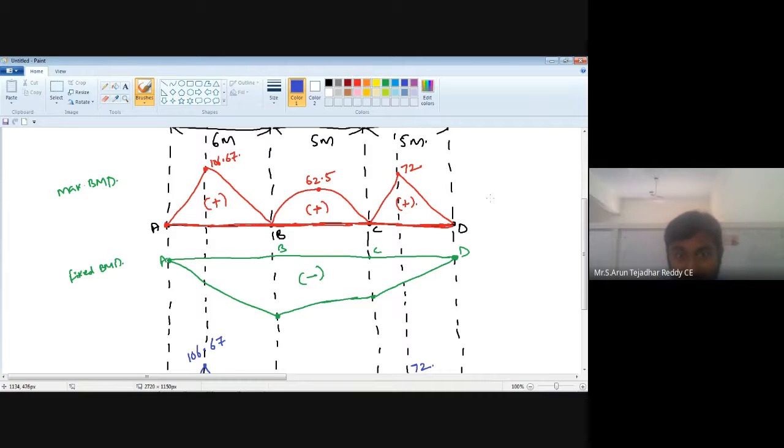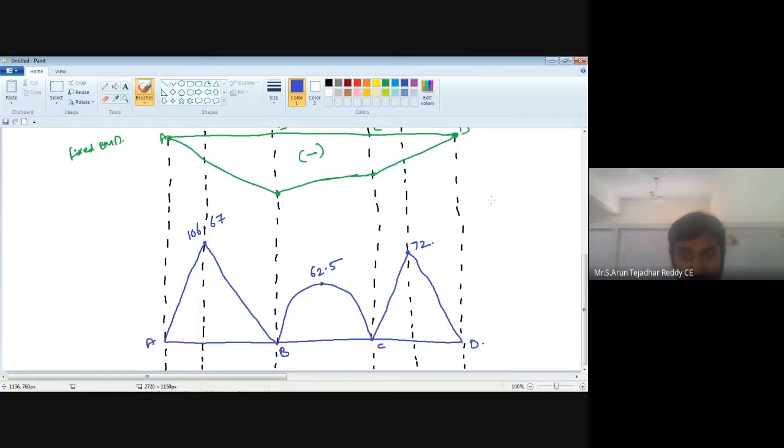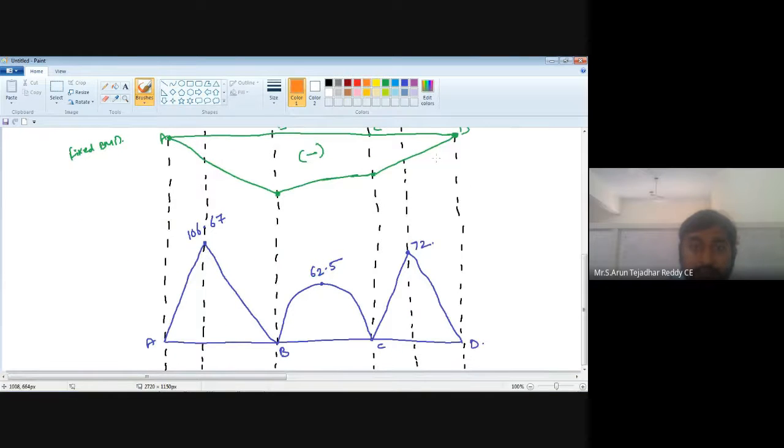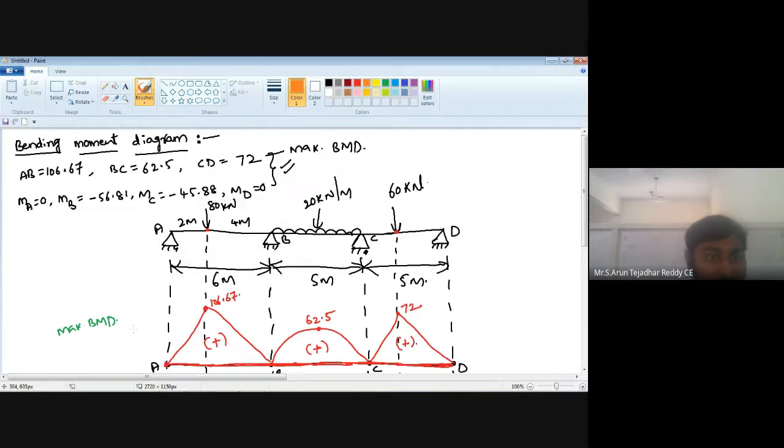I'll show you clearly. So here, take another color, then you can easily understand. This color is better. See here, MA we got 0 value. Next, MB. What is the value of MB here? 56.81.